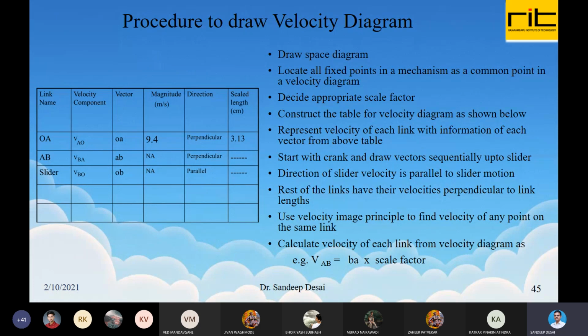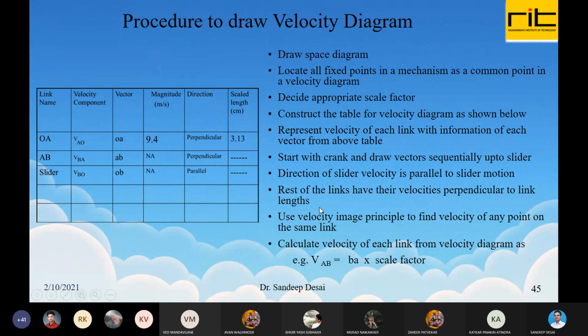For the rest of the links, except slider, velocities are perpendicular to link lengths.